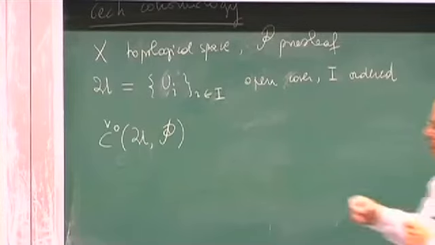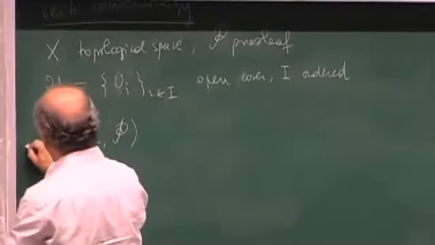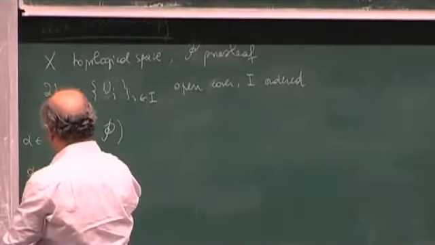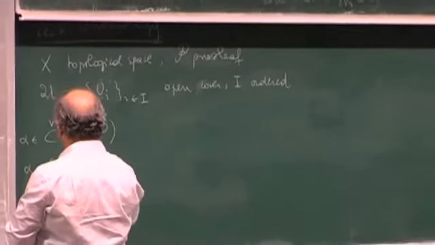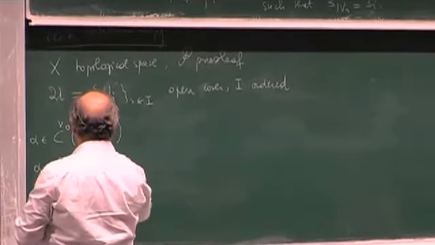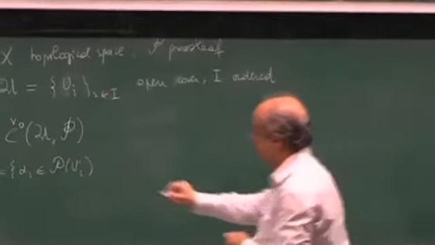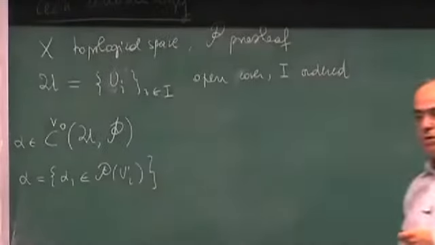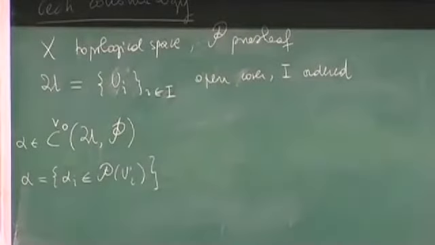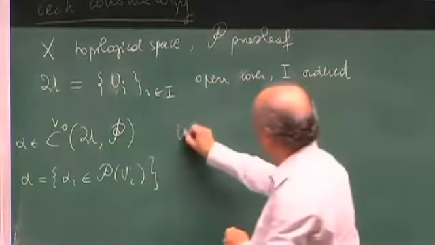So an element here, say alpha, will be a collection alpha_i, where each alpha_i is a section over U_i. Okay, so we have a section on any open set. This will be a zero cochain.